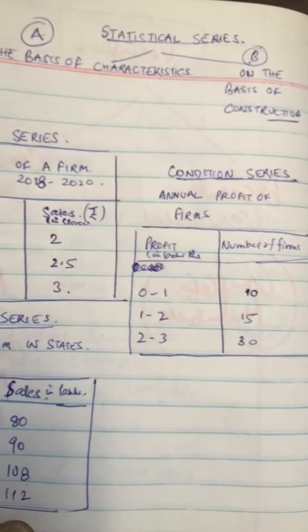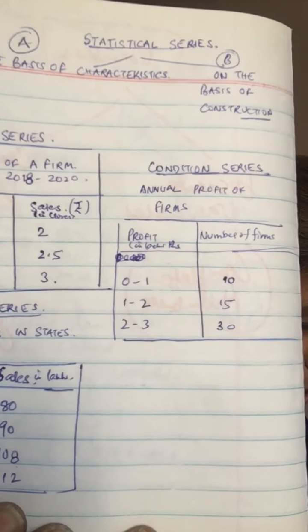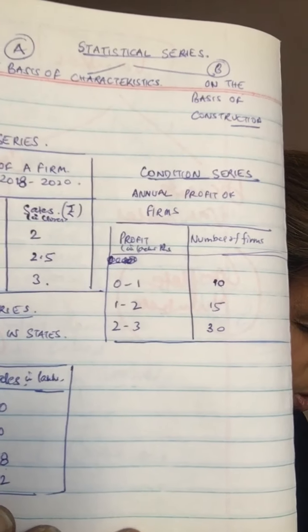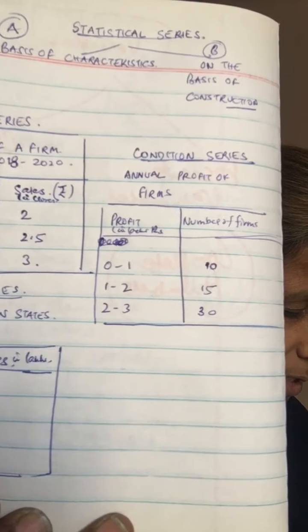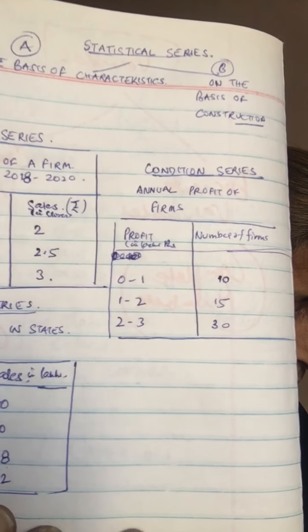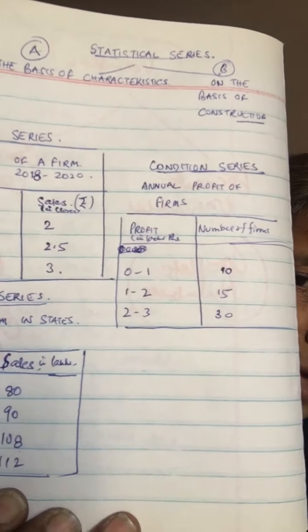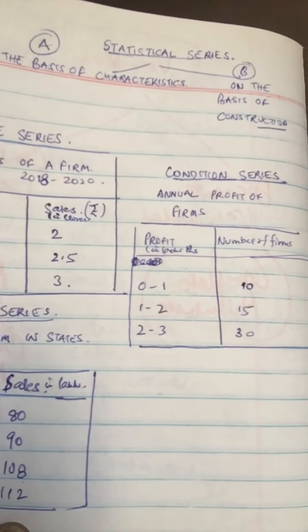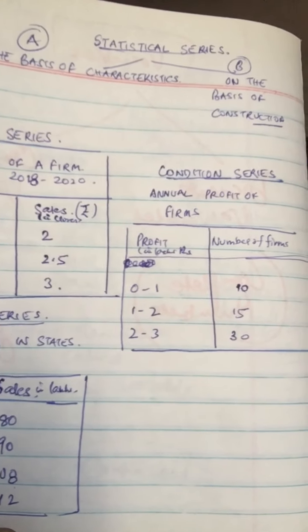In this particular class, I'm just going to talk about the statistical series on the basis of characteristics. On the basis of characteristics, statistical series are classified into three categories.